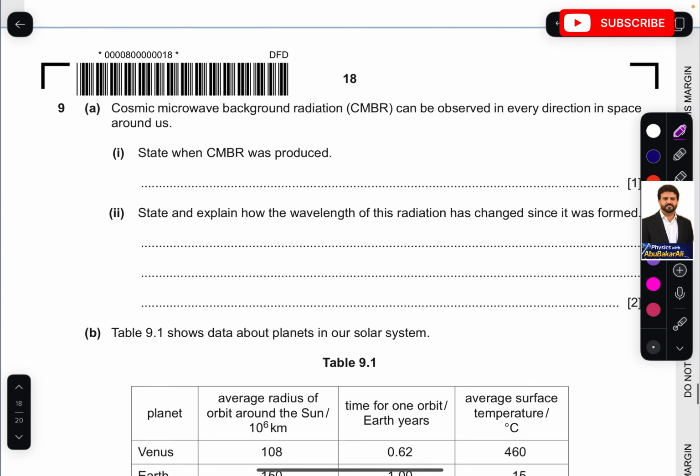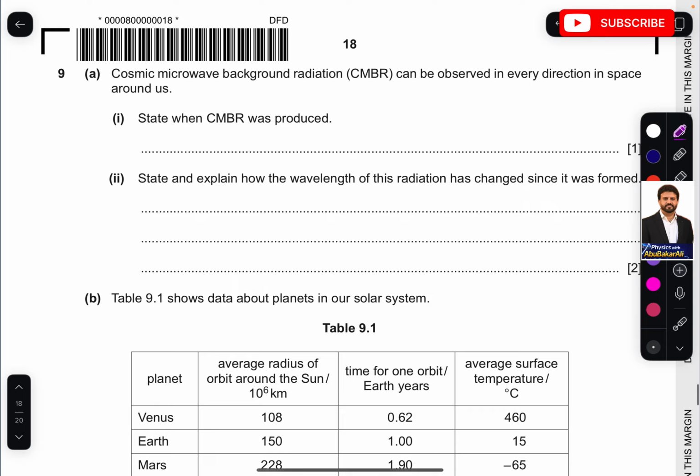Moving forward, this is from space physics. Cosmic microwave background radiation, that is called CMBR, can be observed in every direction in space. State when CMBR was produced. So CMBR was produced when the universe was created, or you can say after the Big Bang. Okay. State and explain how the wavelength of this radiation has changed since it was formed.